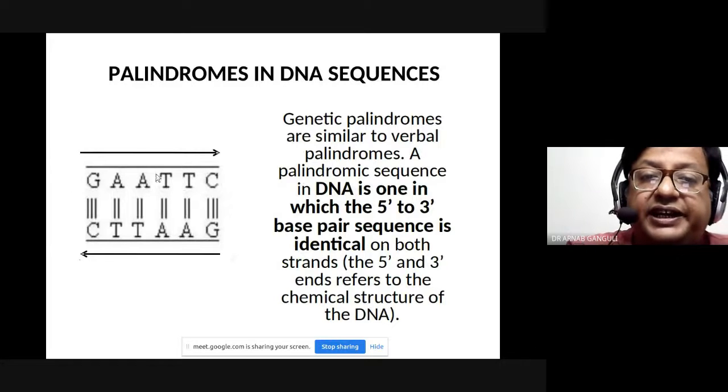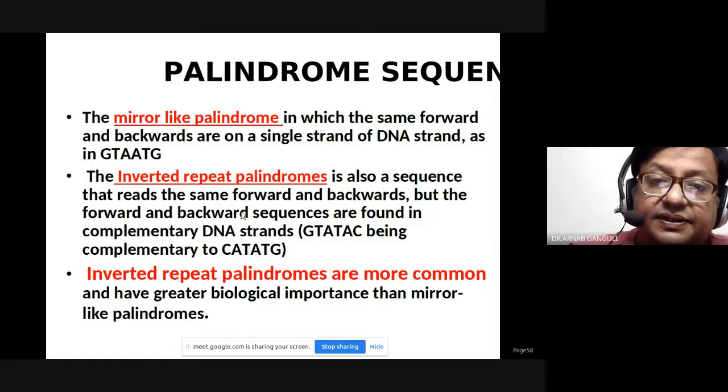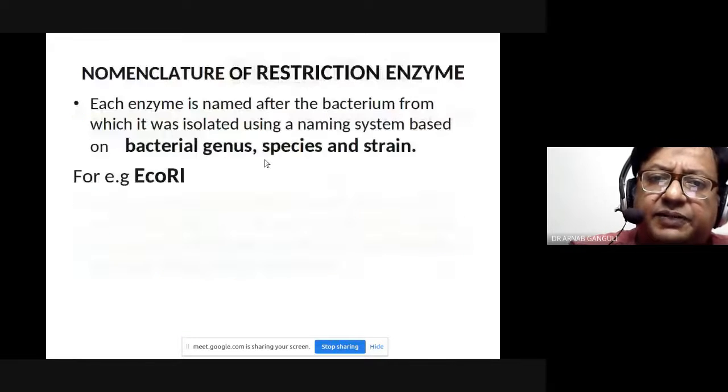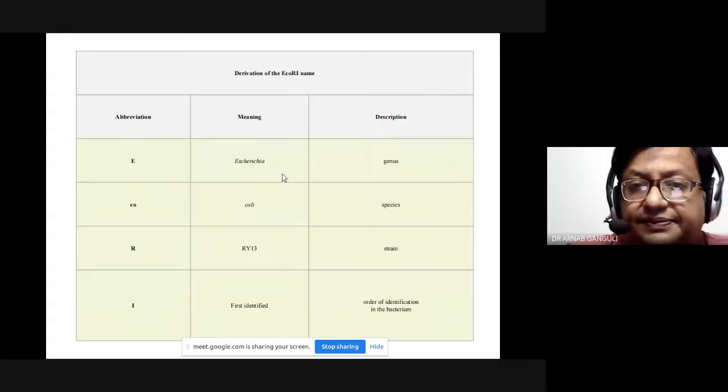So GAATTC, the other way around you read GAATTC, the complementary. So this is a palindrome. This is the EcoR1 recognition site. So you have seen what a palindrome is. And I have talked about EcoR1 before also in the class.